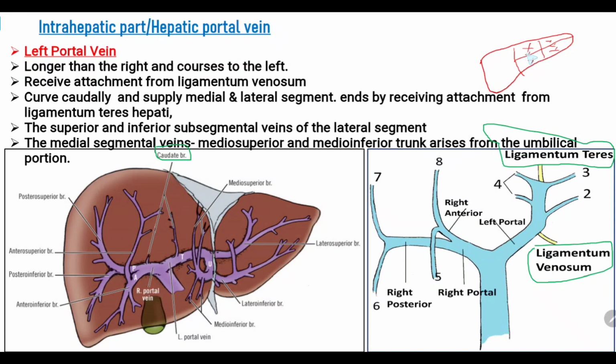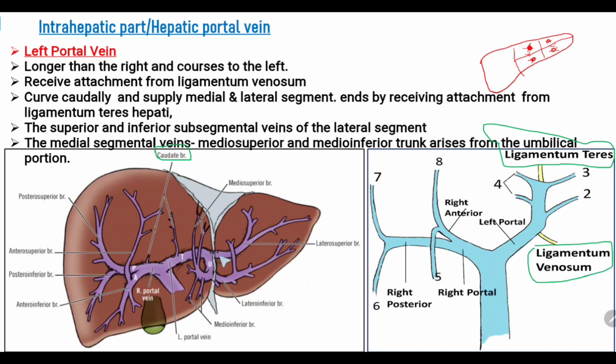One for the medial segments and another for the lateral segments. Again, each branch for the medial and lateral segment divides into superior and inferior sub-segmental branches. Here is a superior, here we have the inferior, again another for the superior lateral and superior inferior lateral hepatic segments.